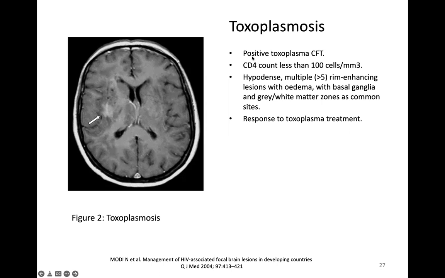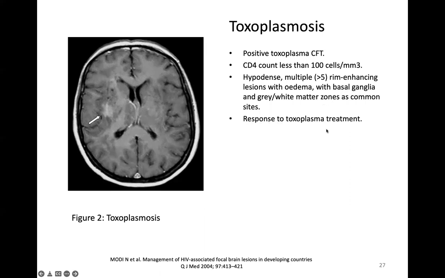So toxoplasmosis generally happens when the CD4 count is less than 100. So that's a clue. The lesions tend to be hypodense, multiple, and ring-enhancing with edema, with the basal ganglia and gray matter zones sometimes being affected.